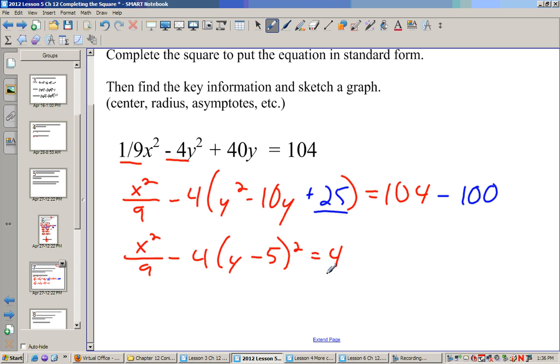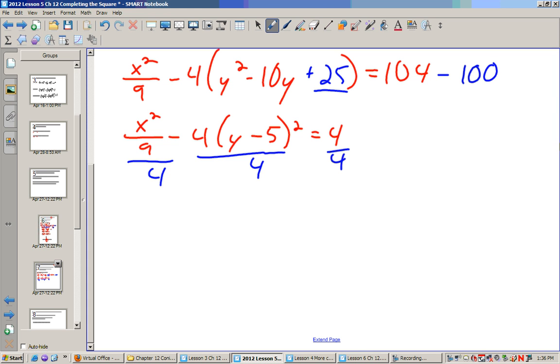Now a hyperbola always has a 1 on the right hand side, so we divide each section by 4. Now this leaves x squared over 9 over 4, which is x squared over 36. So this is a subtraction sign. 4 divided by 4 will cancel out, and this would be just y minus 5 squared is equal to 1.